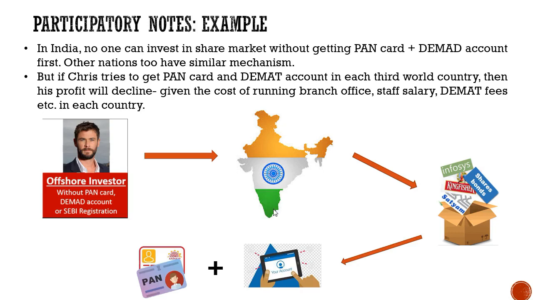So if he wants to invest in India, he cannot invest directly without accessing the PAN card or the demat. So he'll have to first open those two accounts. Only thereafter can he buy shares. However, by doing this, he will incur a lot of costs.